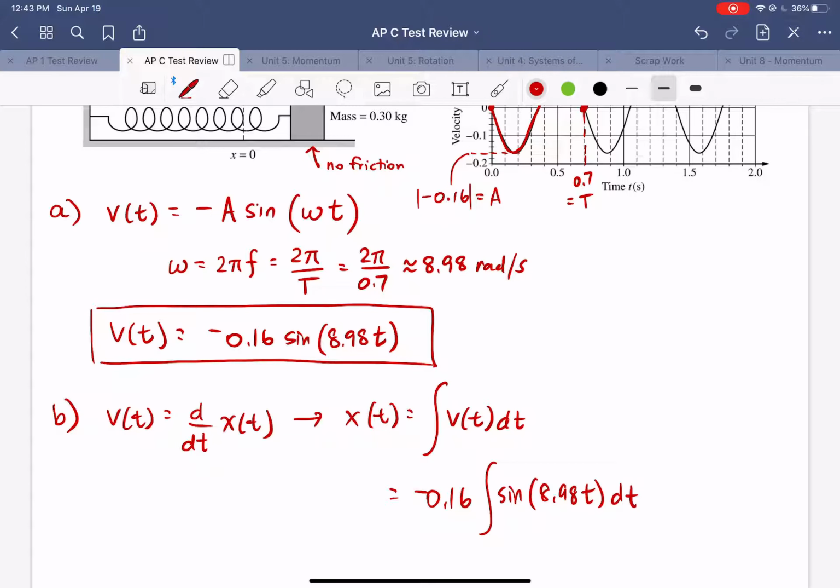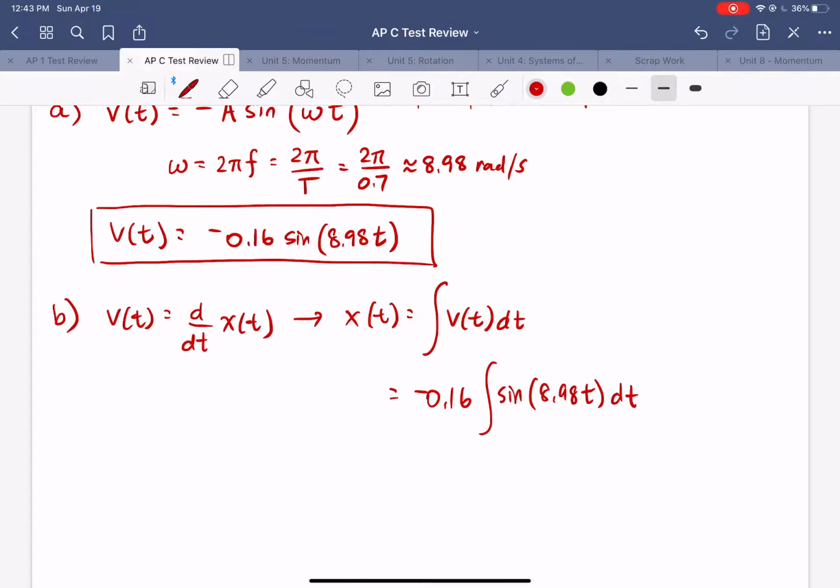All right, so how do we integrate sine? Well, the derivative of sine is cosine. The derivative of cosine is minus sine. So the integral of sine would be minus cosine. And that's actually going to cancel the other minus sign we have out in front. So we're going to get, as our integral, the cosine of 8.98t. And then we also have to divide by what's out in front here.